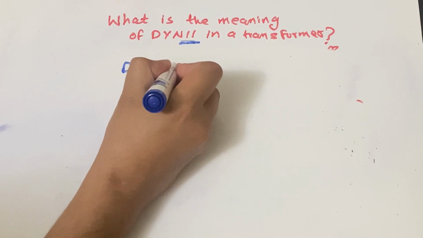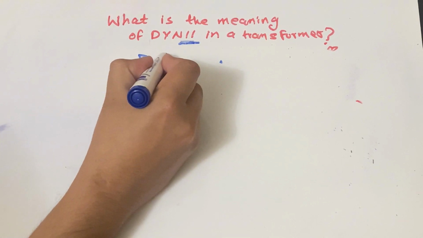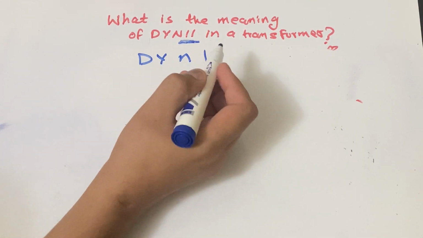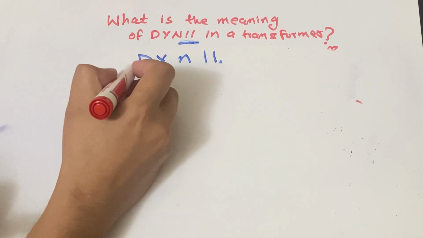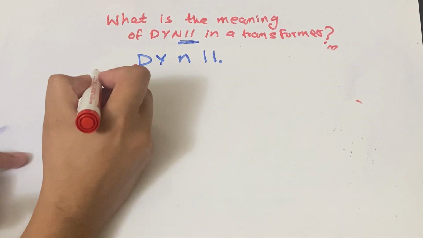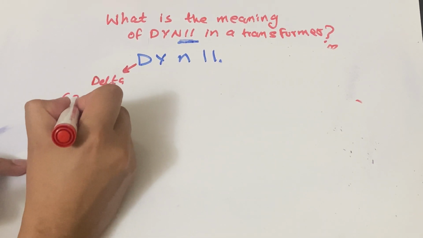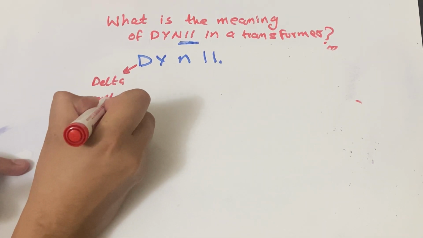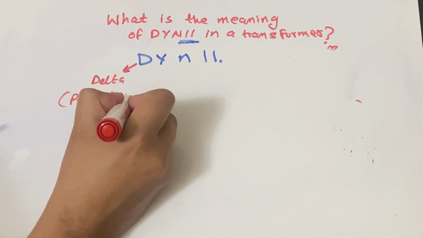DYN11. So now I will explain what D is. D here means delta, or you can call it primary winding.